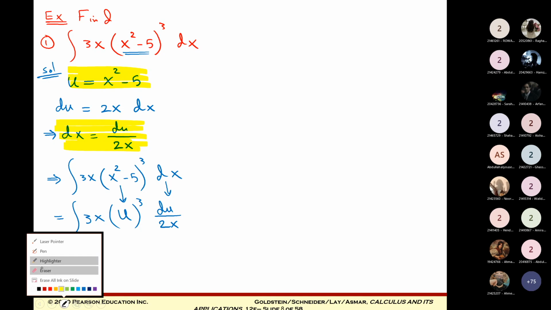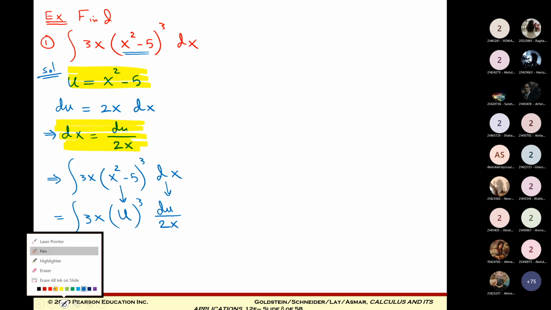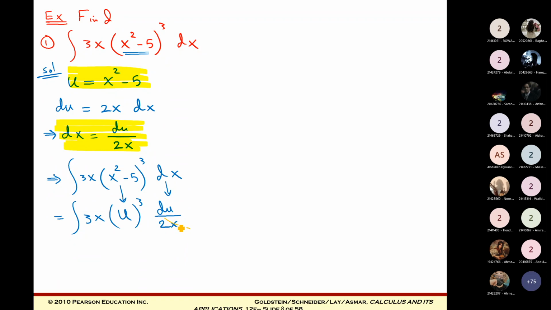Now go back to the solution. We can cancel the x with x. So we have 3 over 2 outside the integral, 3 in the numerator and 2 in the denominator, and we have u to the power 3 du inside the integral.